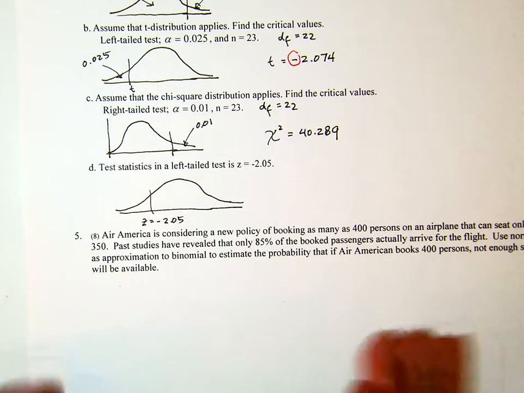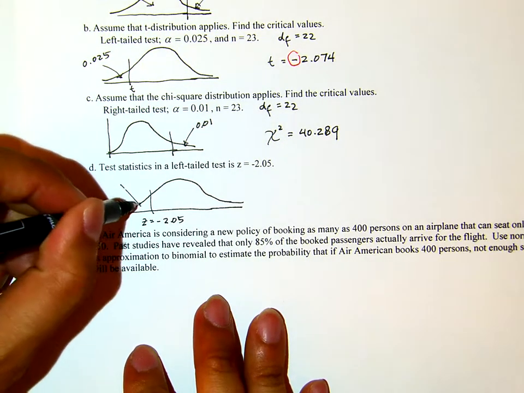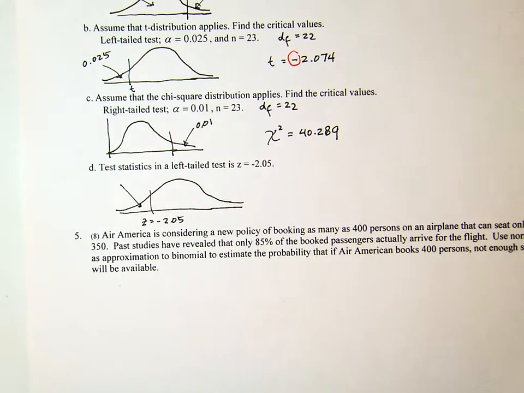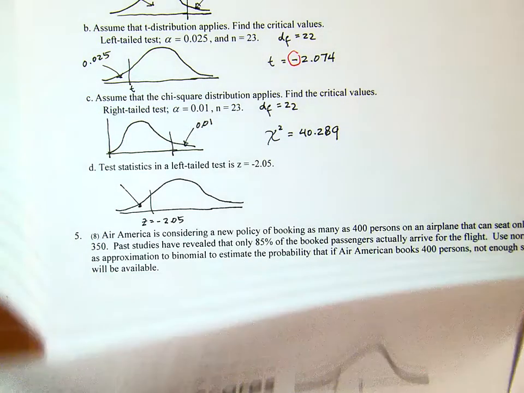Now the question is, what is the value here? Now I will take a look at my standard normal distribution, but this time the z-score is negative 2.05.